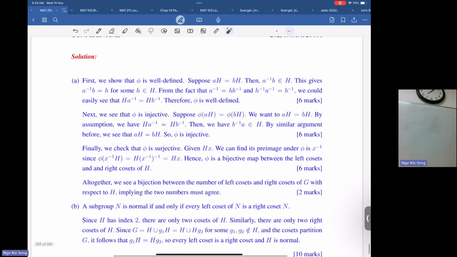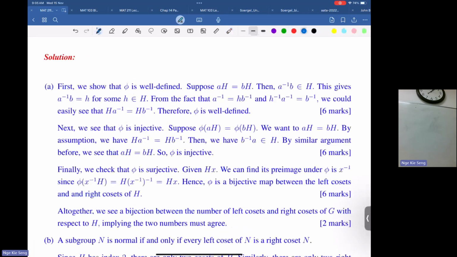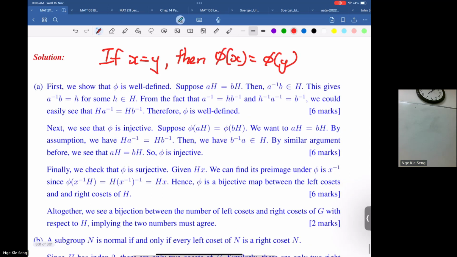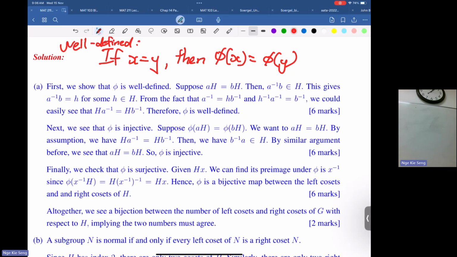Okay, so first, to show well-defined, what do you show? You have to show that if x equals y, then phi x equals phi y. This is well-defined. How does this differ from injective? Injective is exactly the converse of this. If phi x equals phi y, then x equals y.